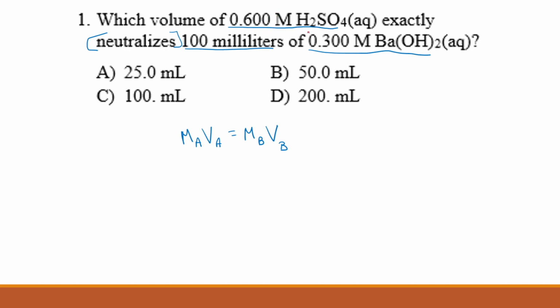It's actually going to be 1.2 because of this little guy right there. The fact that it's H2SO4 means it's not just 0.6, it's 1.2. It's doubled. Because remember, MA is looking for the concentration of the H+.